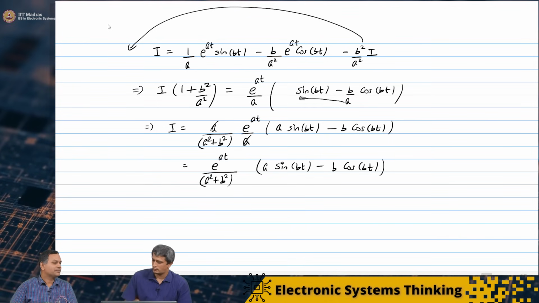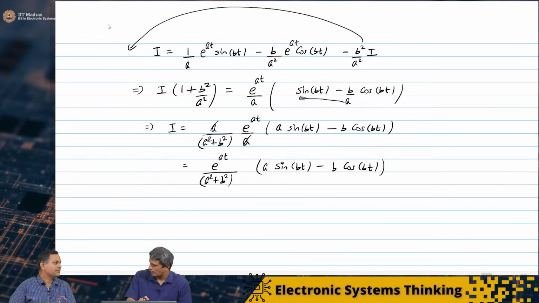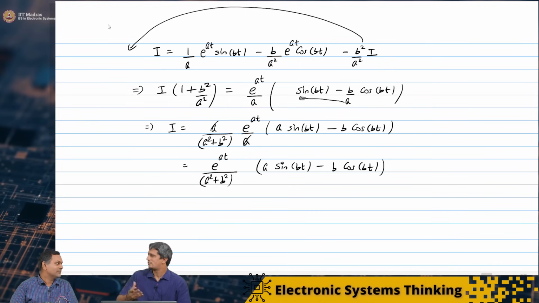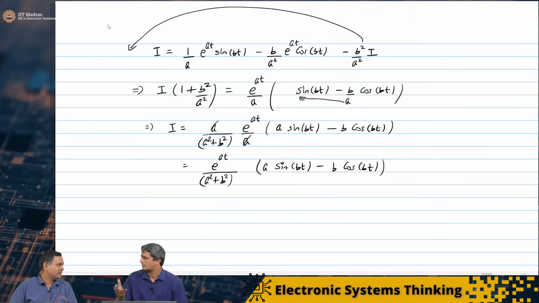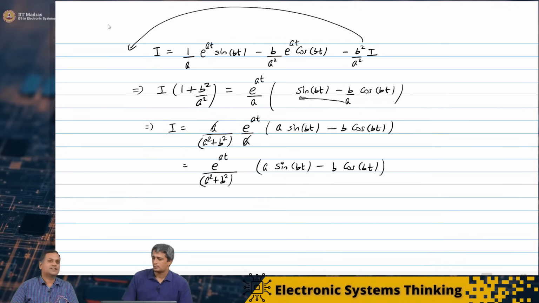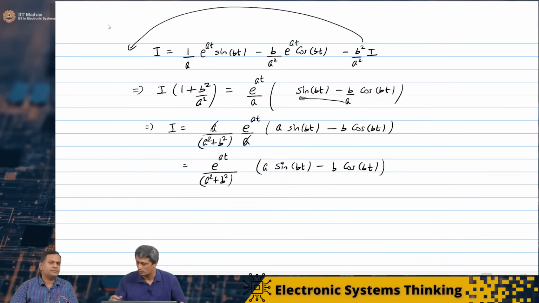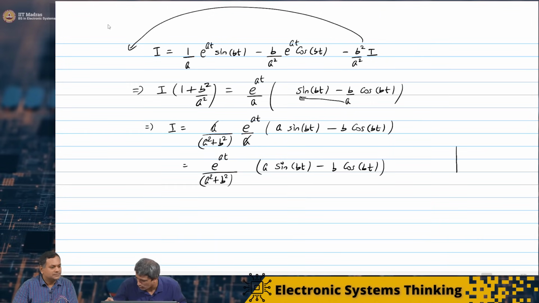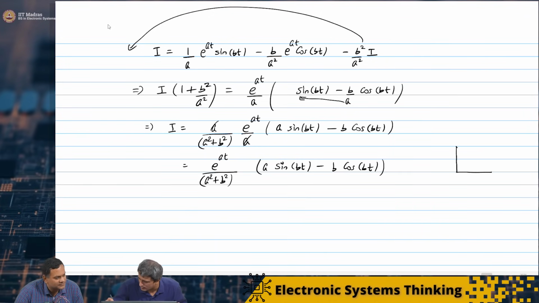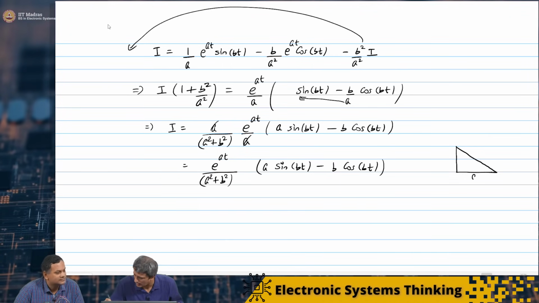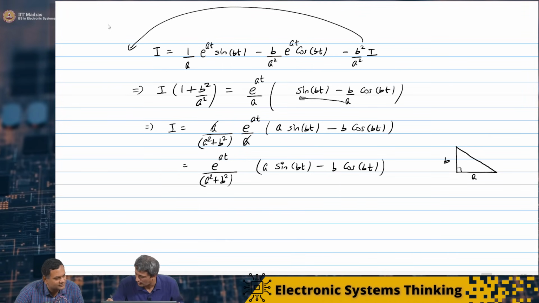Here we have solved that integral, and your guess was this was of the form some A1 sin(omega naught t plus phi) or something like that, correct? But it's not clear that we already have that form. So how do we do this? Now just imagine this: suppose you had a right angle triangle.